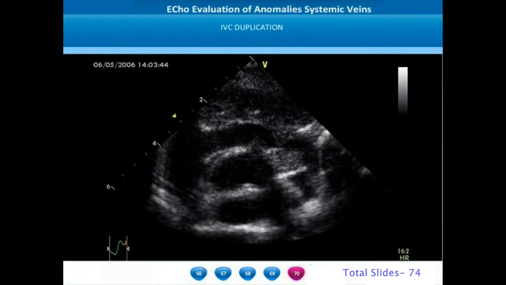We can see in this suprasternal view the presence of two superior vena cava and a large bridging innominate vein. The left-sided superior vena cava is in fact the continuation of a duplicated IVC through the hemiazygous channel towards the left innominate vein.